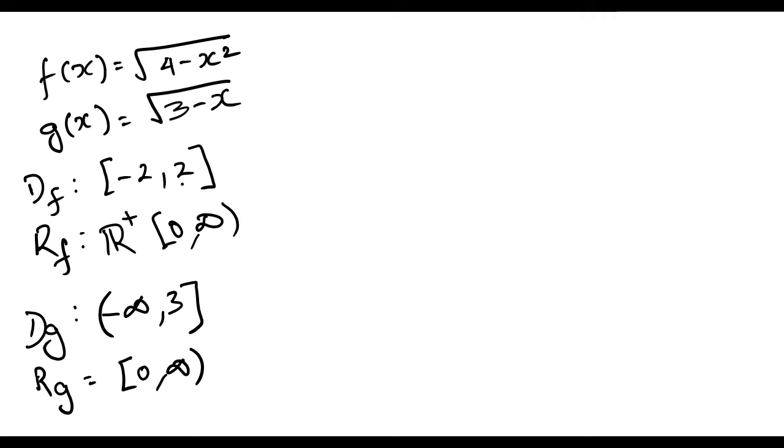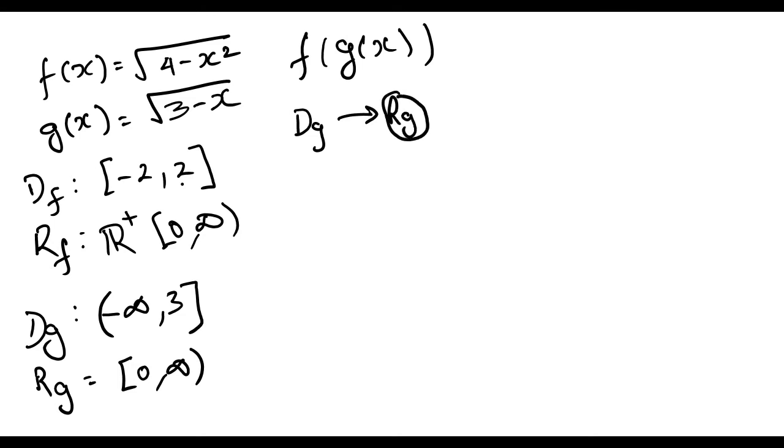So now we need to check whether the condition applies for maybe f of g of x. Okay, let's start with f of g of x. Now it starts with the domain of g, goes to the range of g, and the range of g should be a subset of the domain of f in order to have the composition of functions there, and then the final answer would be in the range of f.